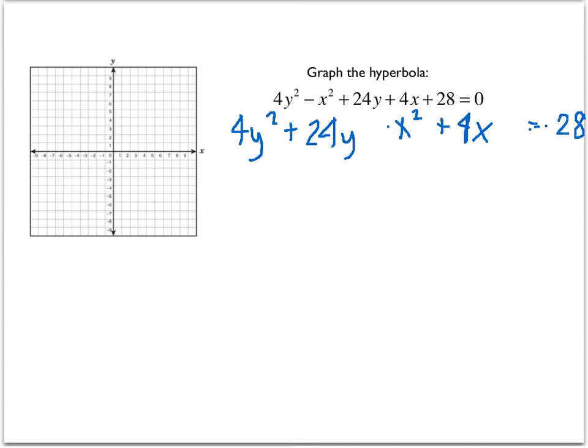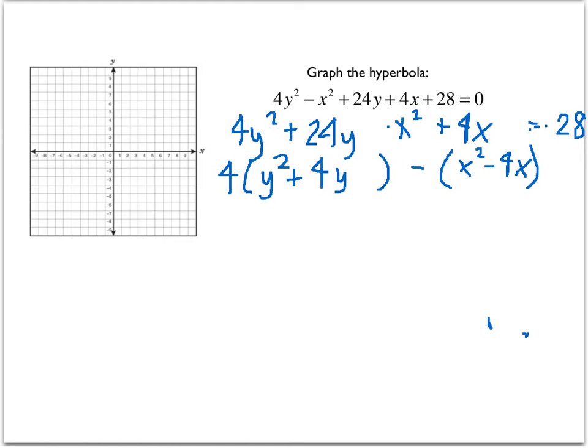Now completing the square, again, kind of tricky because of the number in front, so we're going to do a little factoring here. I'm going to factor out this 4, so it turns into y squared plus 4y. I'll leave a little blank there. I'm going to put a minus sign here, and then I actually have x squared minus 4x.